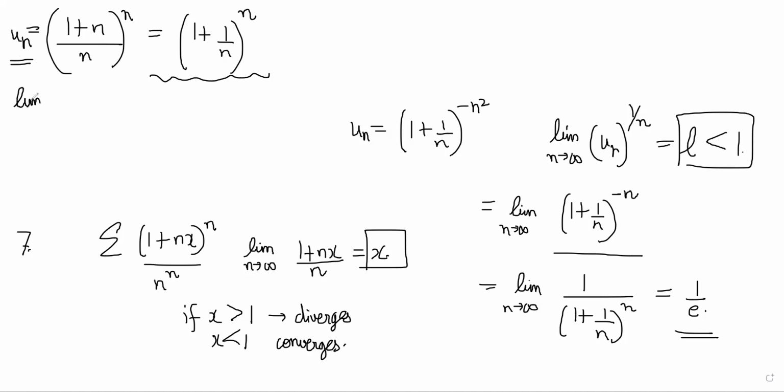As n tends to infinity, this un is tending to e.